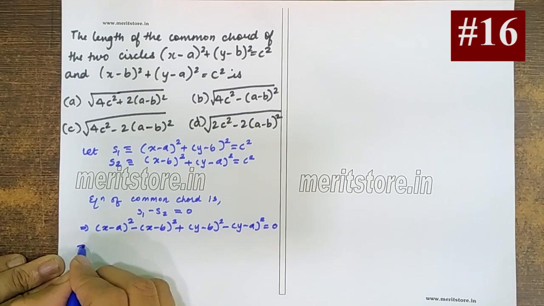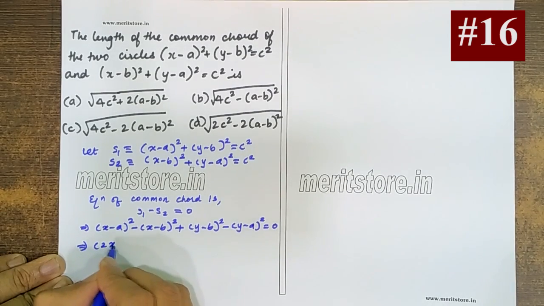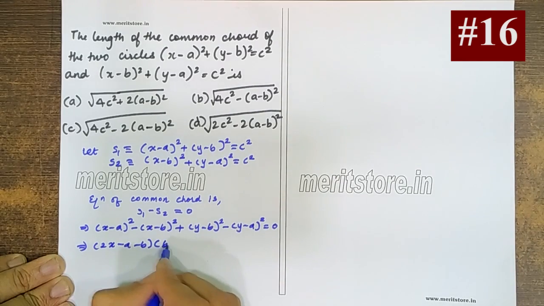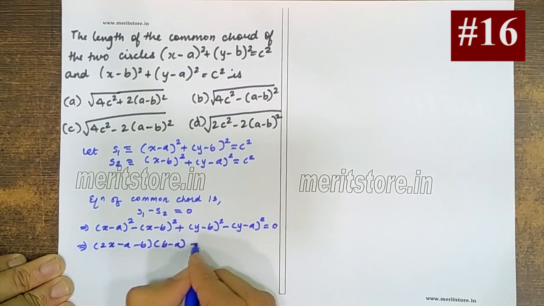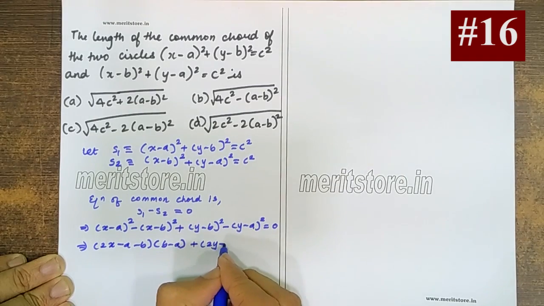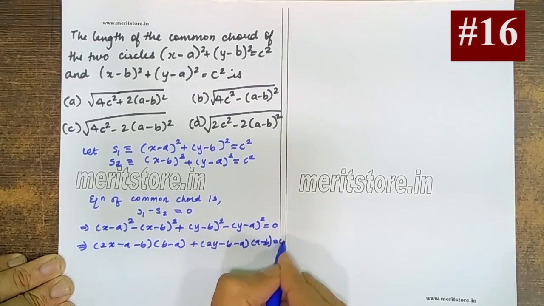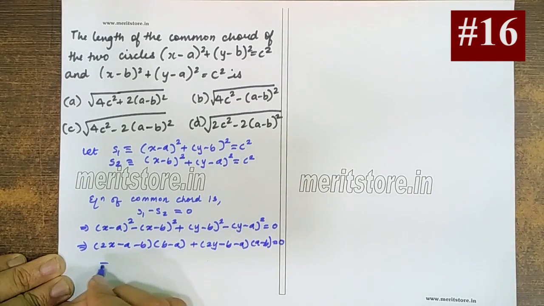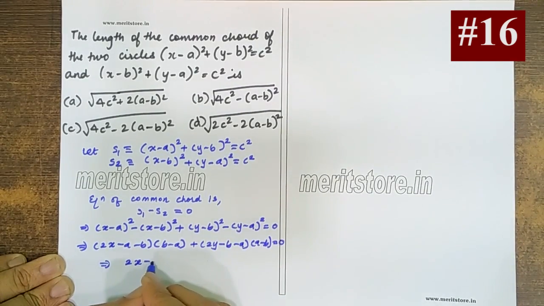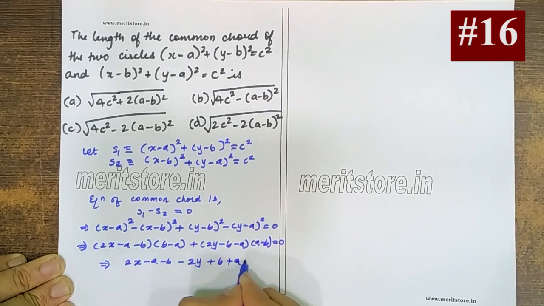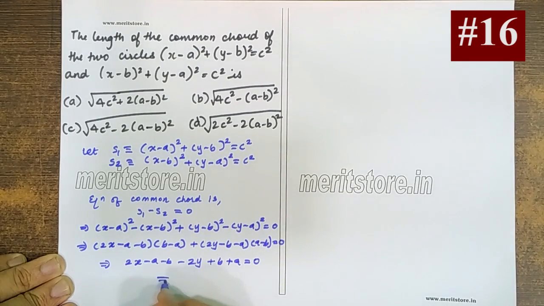On expanding and simplifying, you will get 2x minus a minus b into bracket b minus a plus 2y minus b minus a into bracket a minus b is equal to 0. Further simplifying, 2x minus a minus b minus 2y plus b plus a equal to 0. So this will give you x minus y is equal to 0.